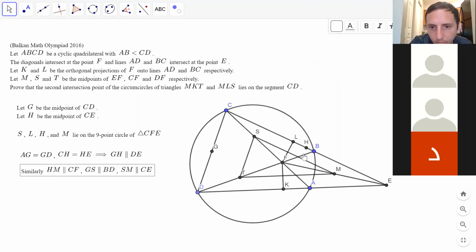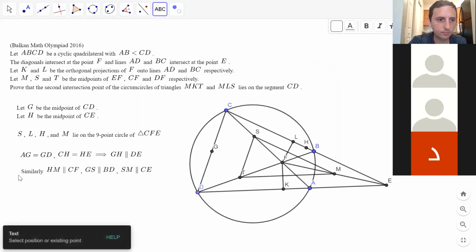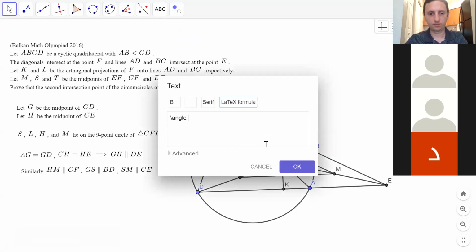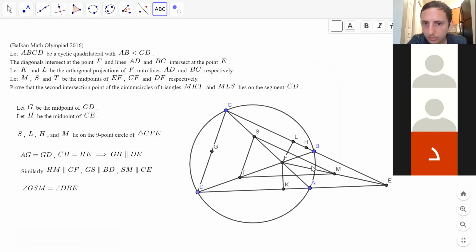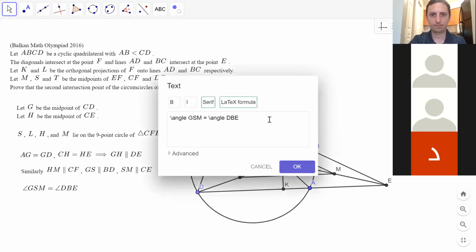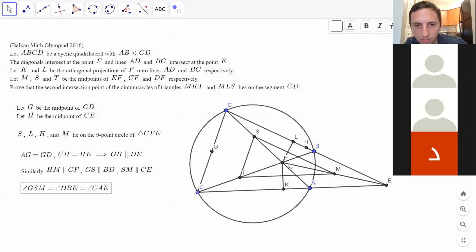That's the same as angle DBE. And because both those sides are parallel, DBE is the same as CAE.